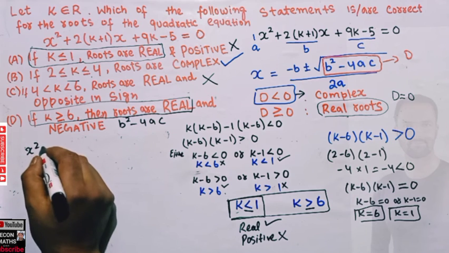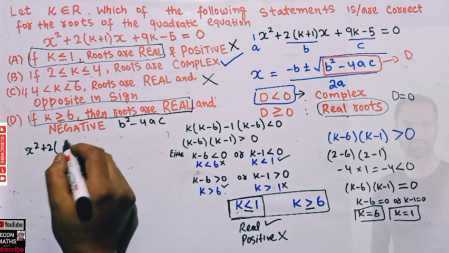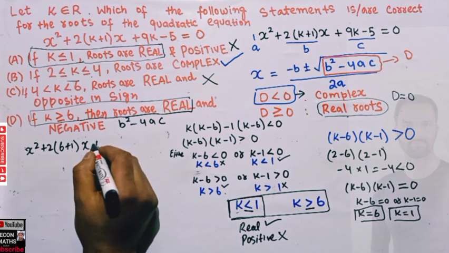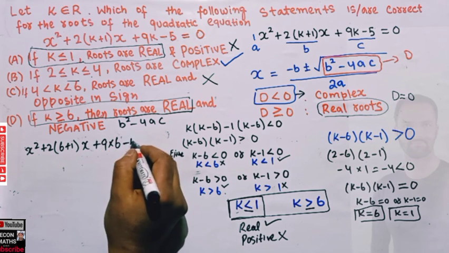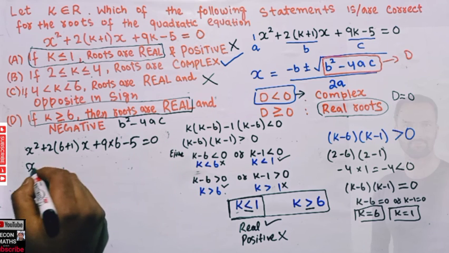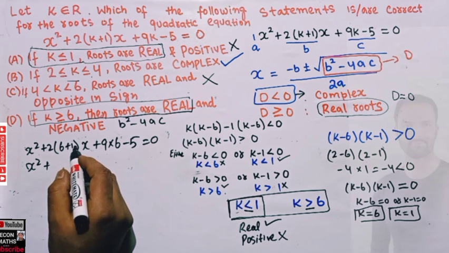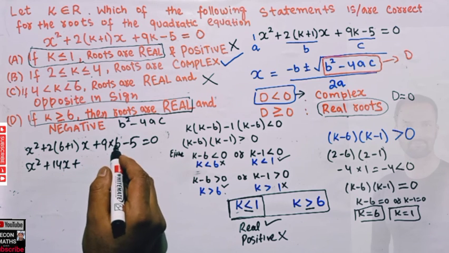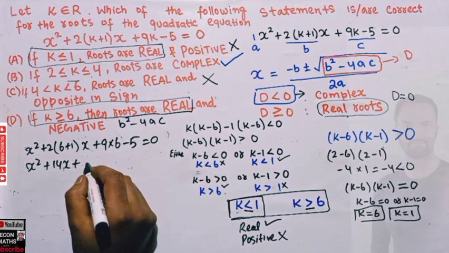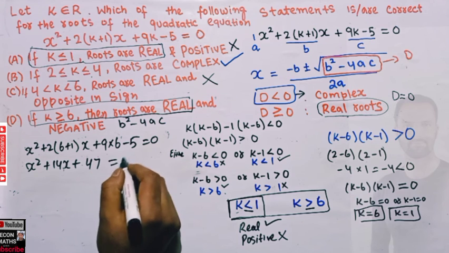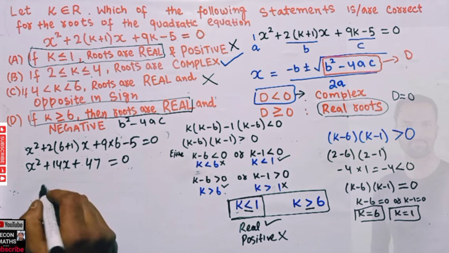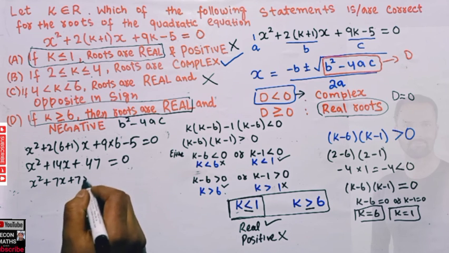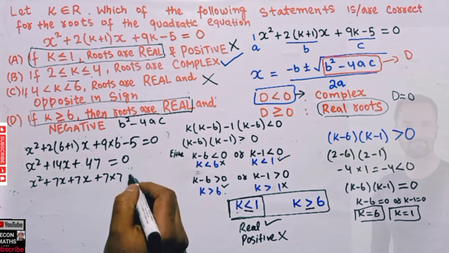So we have x square plus 2, in place of k we have 6 plus 1, x plus 9 into 6 minus 5. So this is x square plus, 6 plus 1 is 7, 7 2s are 14, x plus 9 sixes are 54, minus 5 comes out to be 49. Now if we factor this out, this will come out to be x square plus 7x plus 7x plus 7 into 7.